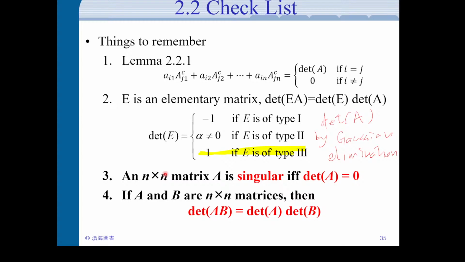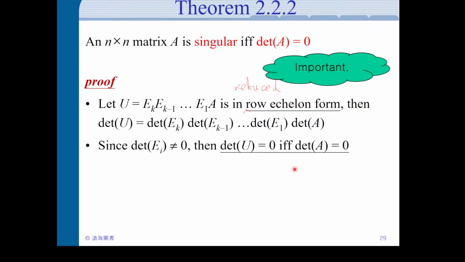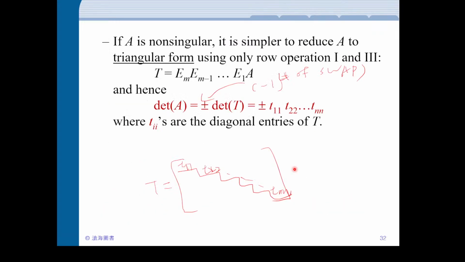So you do row operations on your A, and you basically use the first one and the third one, taking note of how many times you use the first one, and you multiply by -1. In the end you get a triangular form, then you just multiply the diagonals together.